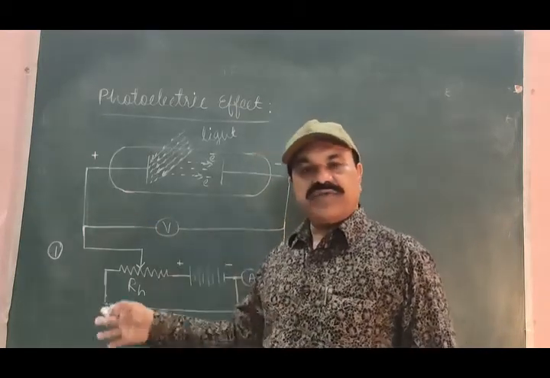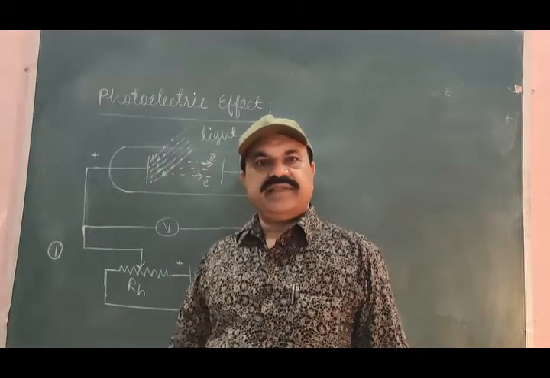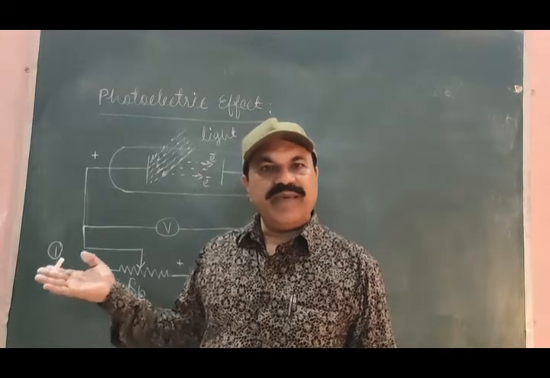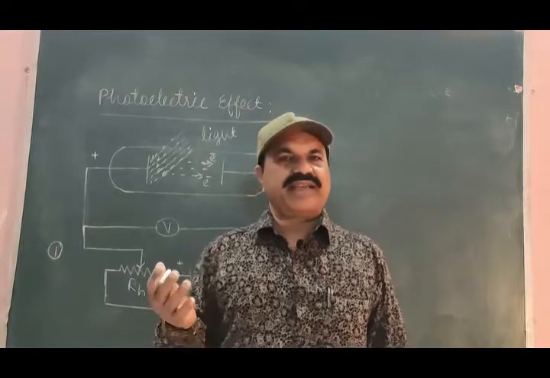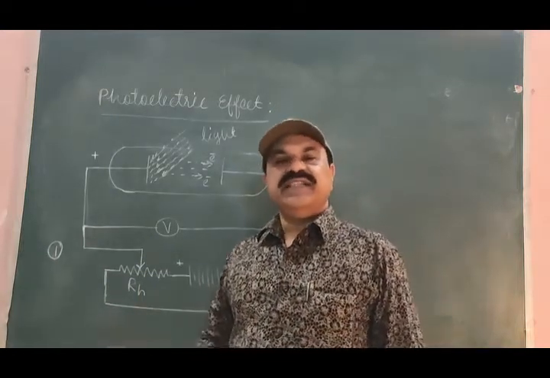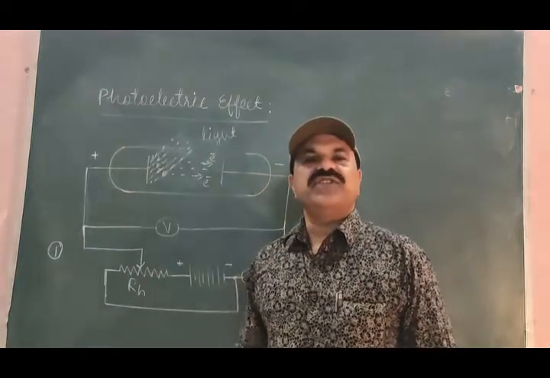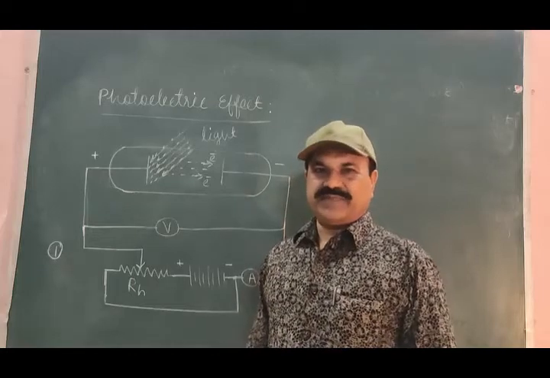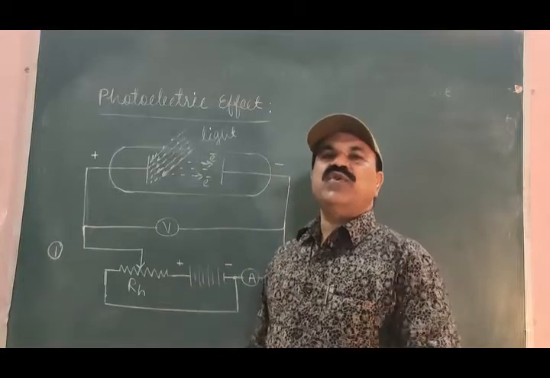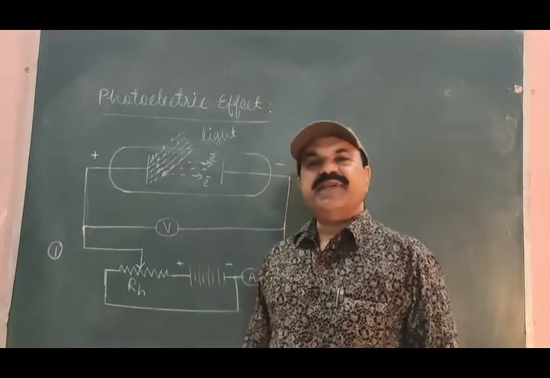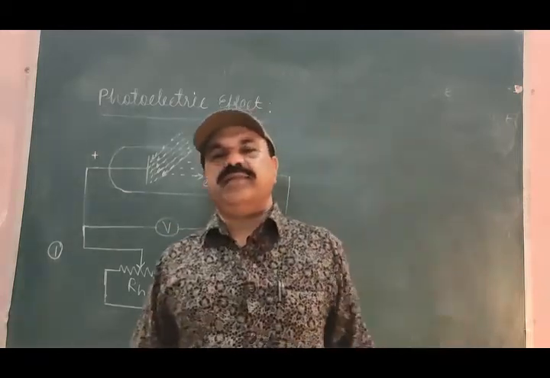By making use of the observations noted, we may find the value of h, Planck's constant, and we may find the velocity of electrons for different optical filters. This is about the theoretical background of the photoelectric effect that can be studied with the help of this circuit diagram.